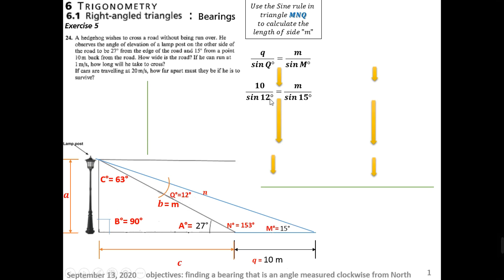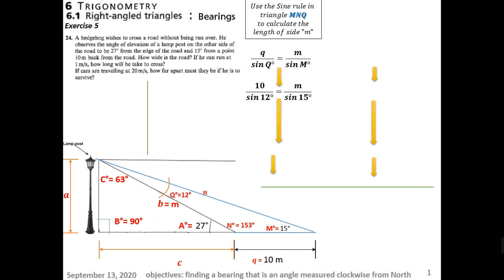So, sine of 12 degrees is equal to M, my unknown, over sine angle M, and angle M is equal to 15 degrees. So, sine of 15.